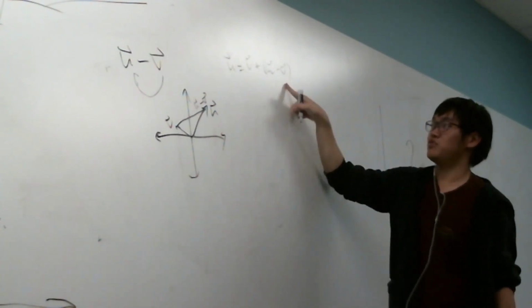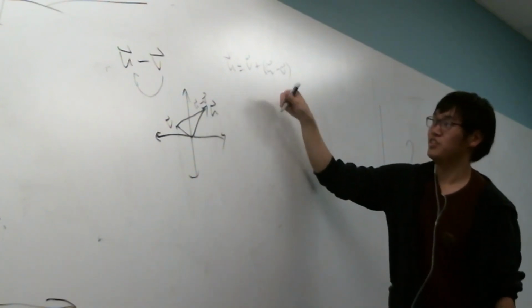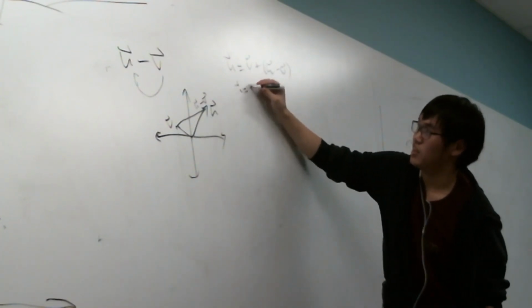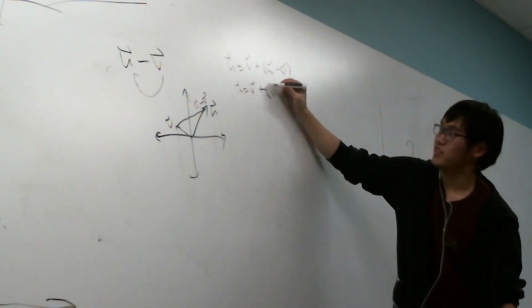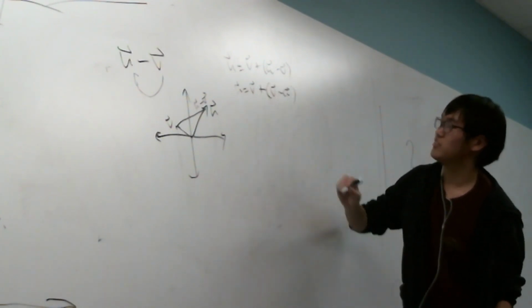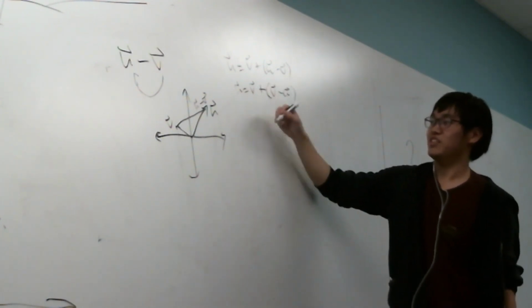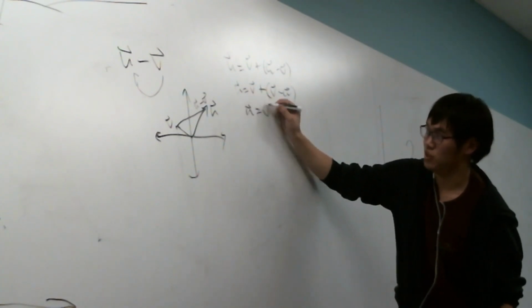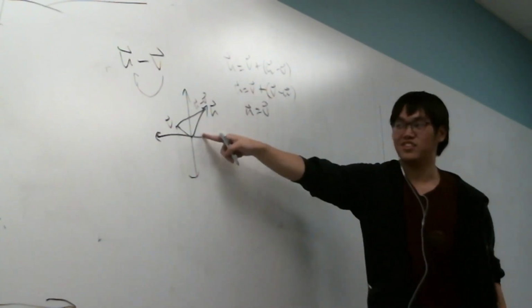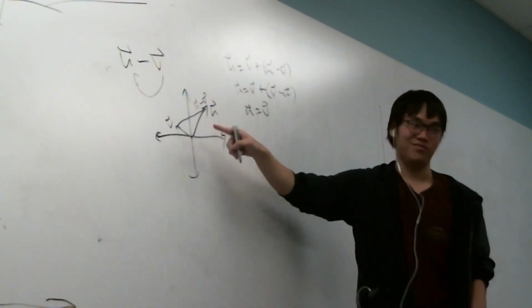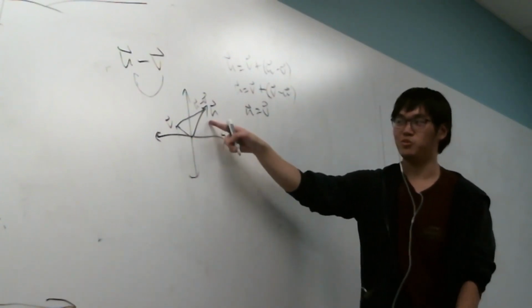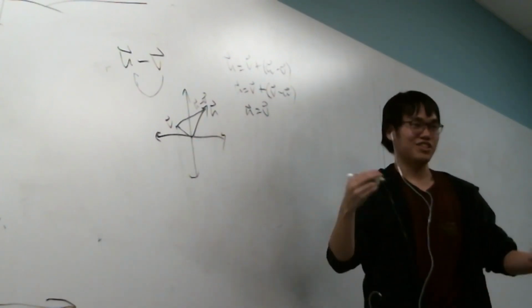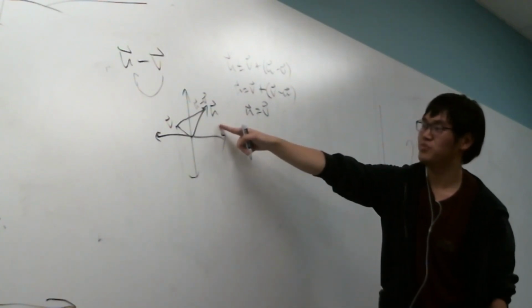V minus V cancels out, so we get U equals U. If we assume the other way, V minus U, it will simplify to U equals V. That's a contradiction because I drew V and U to be different. So if you want to check, that's how you can check it.